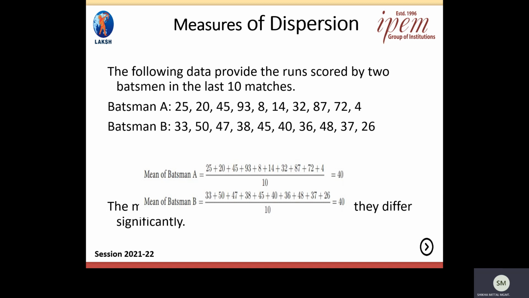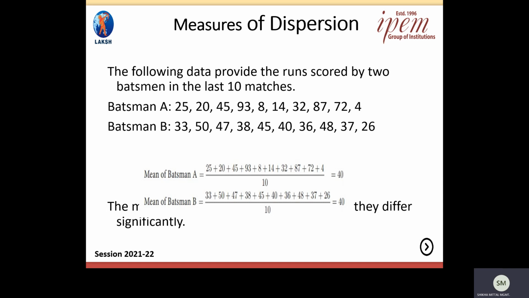So, a measure of central tendency gives us the central value of the data. Another technique of statistics is measure of dispersion. We can understand it with the help of an example. The following data provide the runs scored by two batsmen in the last 10 matches.